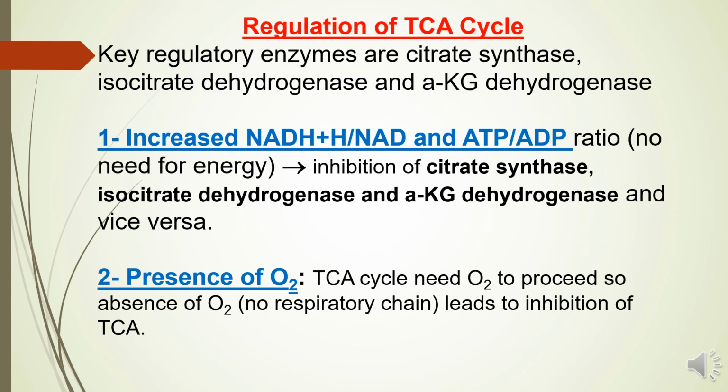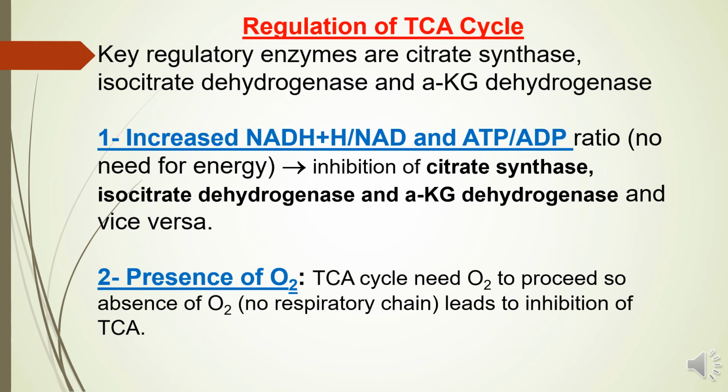وأن عندنا أول العوامل التي تؤثر عن طريق inhibition of enzymes يكون increased reduced NAD to NAD ratio, ATP to ADP ratio, where these are indicators of energy production in the cell, and the cell does not need energy.